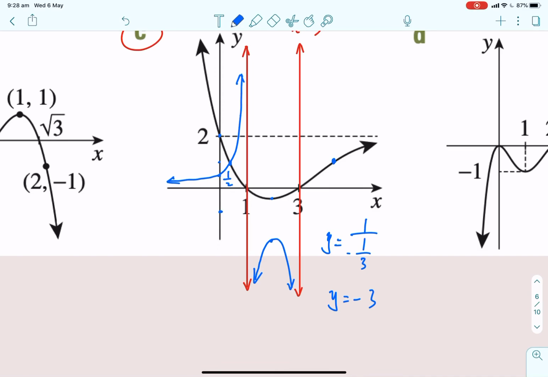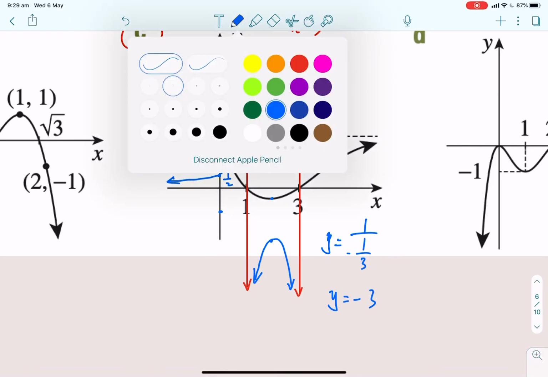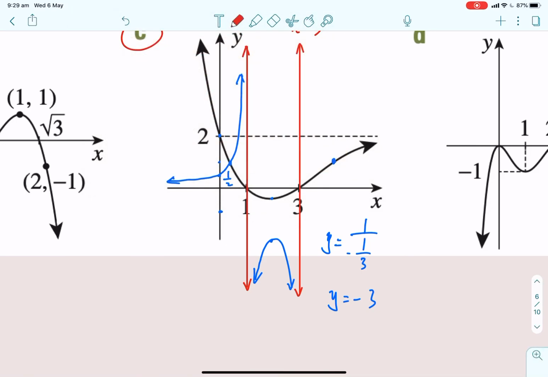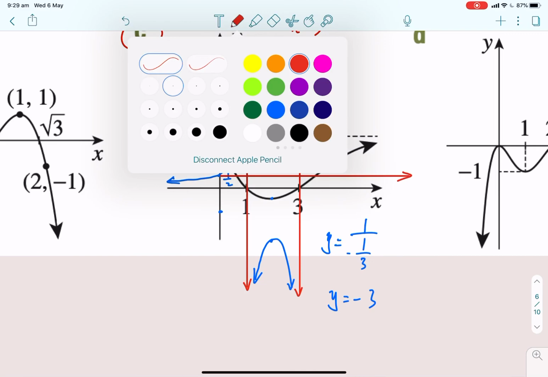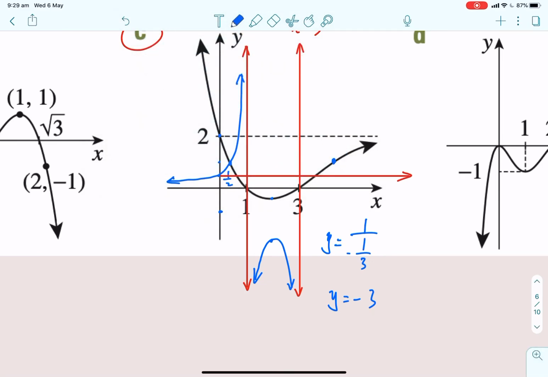Now the right hand side is the hardest one. We got an asymptote here. If the original graph has the asymptote, the new graph has the asymptote as well. If the original graph asymptotes at 2, we use 1 over 2, which is half. So the asymptote here will be half. So there's another asymptote in this graph. Now we got a thing here, and between this point, we go to the top.